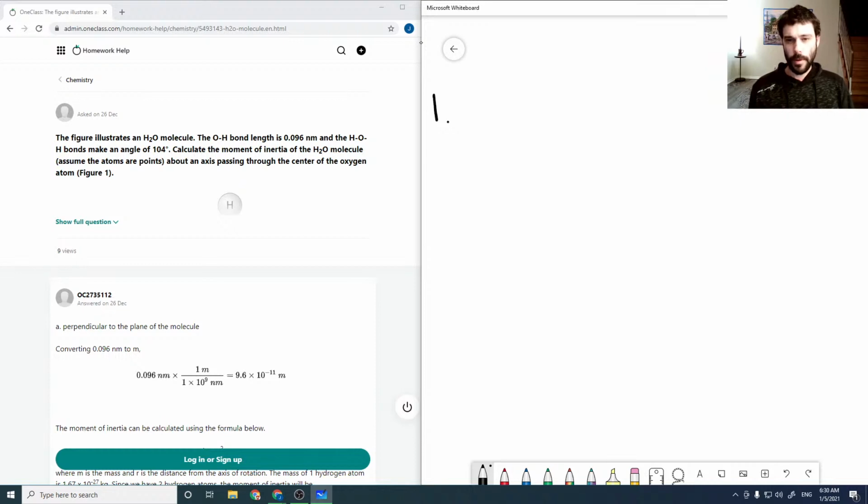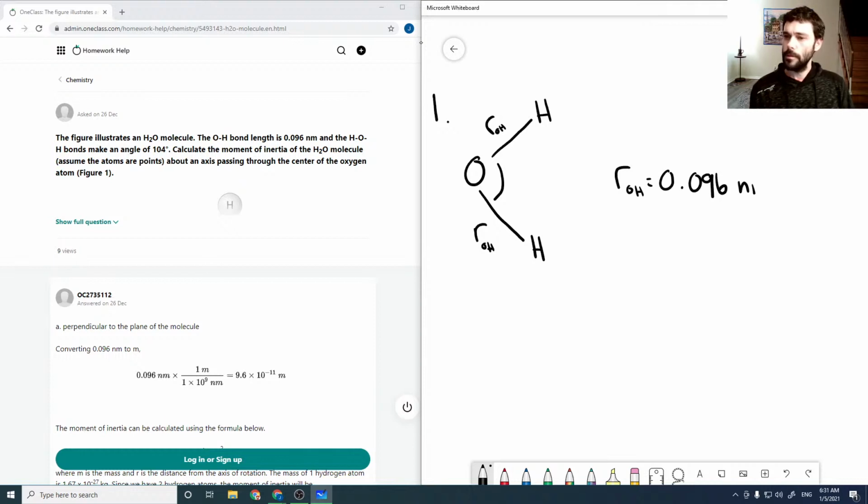So we have an H2O molecule that looks something like this, in which each of our bond lengths, which I'm going to write as ROH, is equal to 0.096 nanometers.